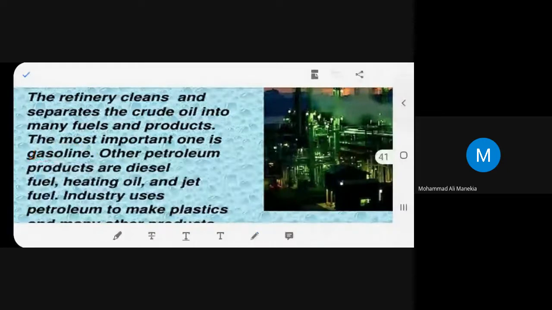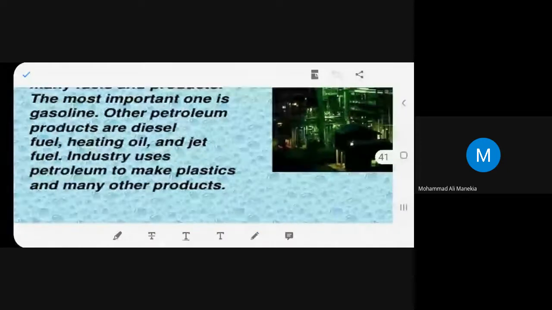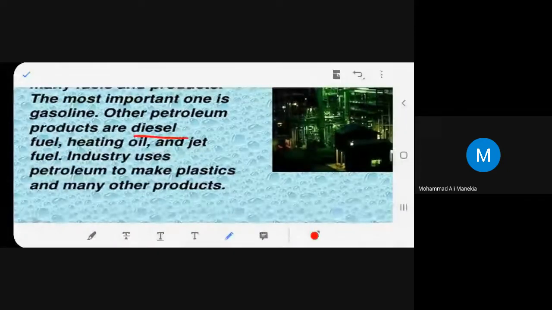And the other things that you get from the petroleum are diesel, then heating oil and jet fuel. Heating oil is kerosene. Jet fuel is what you use in an aeroplane. You should know that it is a type of kerosene that we use in jets. We don't use petrol and diesel.